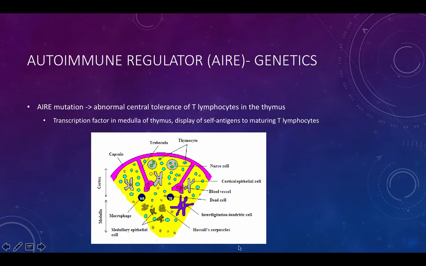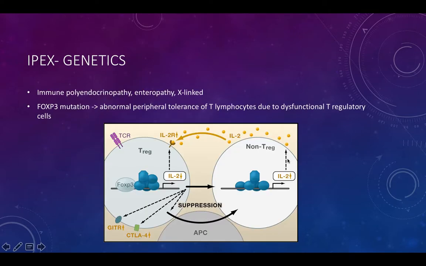They may be truant T lymphocytes, which then enter into the peripheral circulation. Now, either these get inactivated because of anergy, which is a lack of co-stimulatory signals, which means they do not have any function and then they die. The other mechanism is via T regulatory cells, which recognize that these are truant T lymphocytes, they shouldn't be there, so they suppress them. Now, for Tregs to function properly, they need FOXP3.